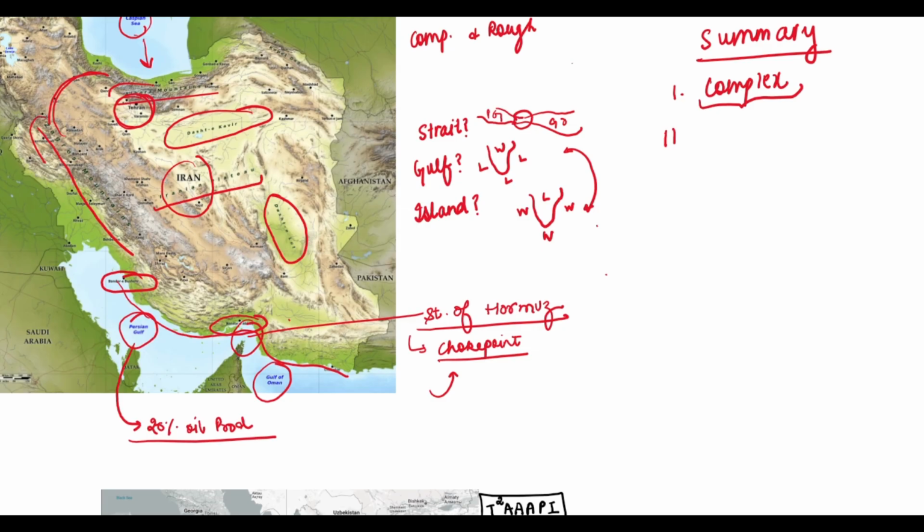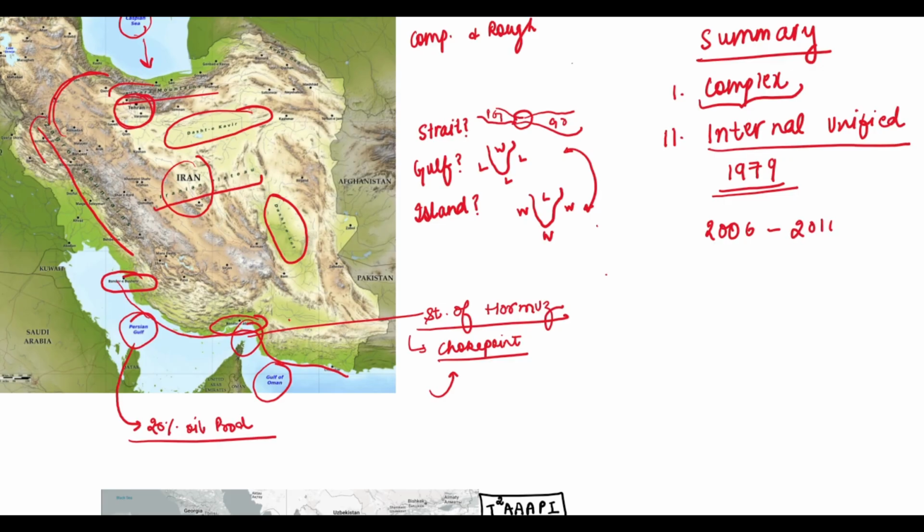The second is the internal unification of Iran. Let me tell you something very important now. Since 1979, Iran has faced sanctions from the US. Then in 2006 and 2010, most importantly, which have been landmark years in the beginning of the internal unification of Iran, the UNSC sanctioned Iran.